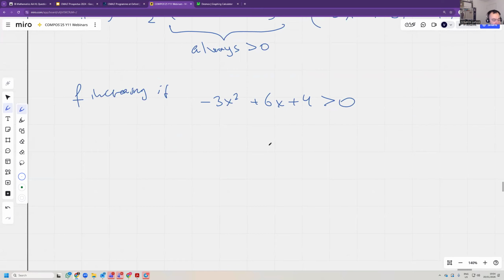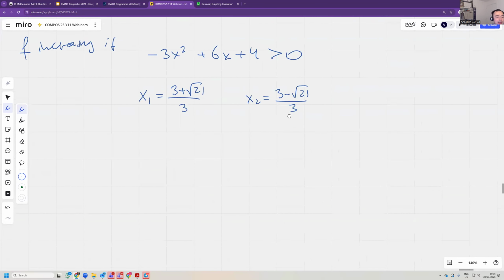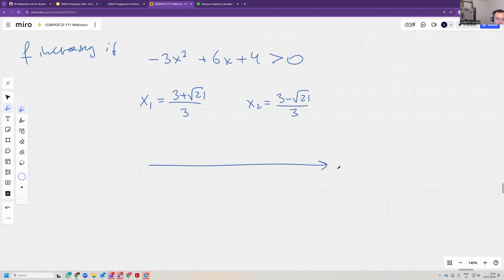And I can factorize that. Minus 3, 6, 4. Okay. x1 is equal to 3 plus root 21 over 3, and x2 is 3 minus root 21 over 3. And if you sketch the graph of that function, it goes like this.